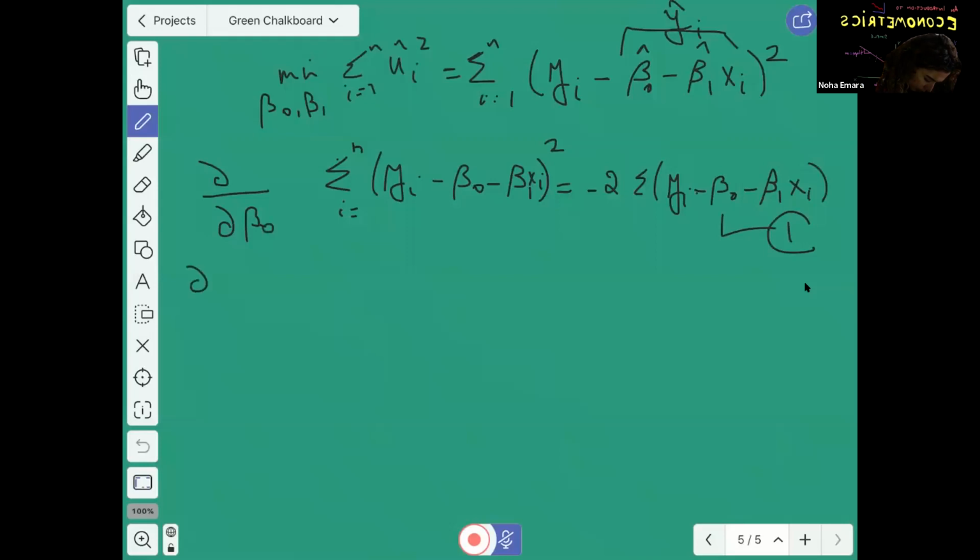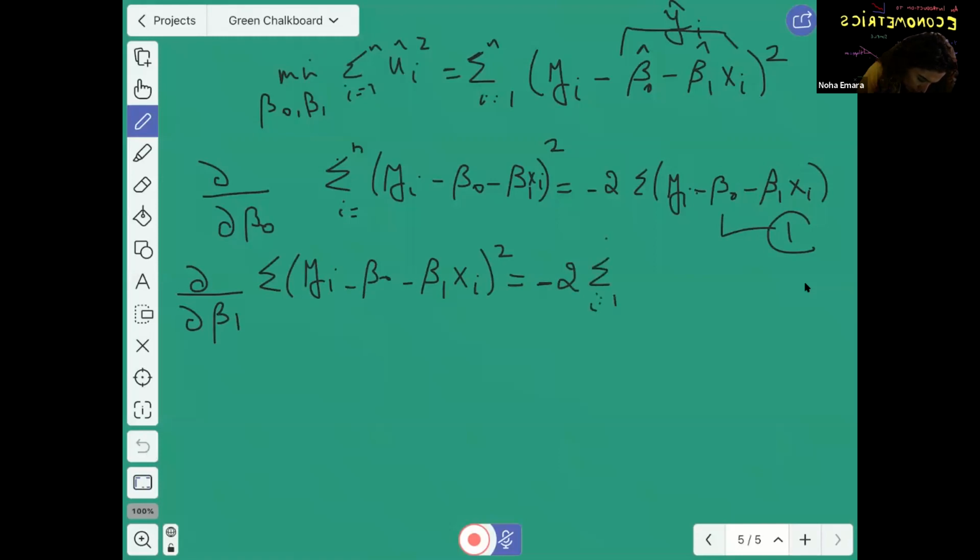And then I can do the same with respect to beta 1. I'm trying to find the derivative of this function again with respect to beta 1, but beta 1 is multiplied by x_i, so you have to take the derivative of what is inside the function.